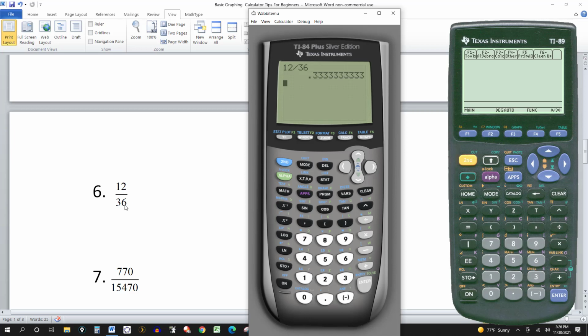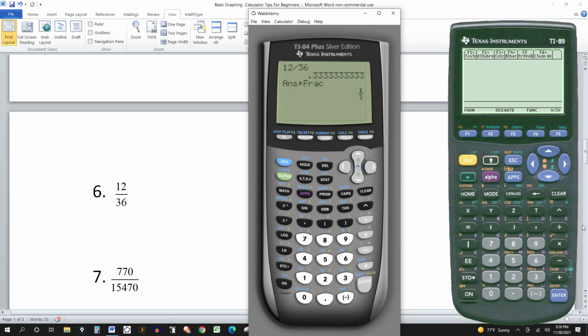So that should reduce to 1/3. But if you just go to math, number 1 is fraction, so hit enter. This converts the decimal to a fraction, and when I hit enter it gives me back the fraction reduced. So that's what you can do when you have large numbers.